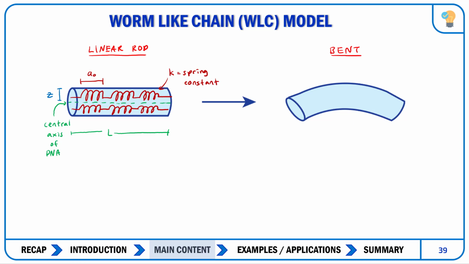So now I have this, and the key thing here, it's no longer L. Well, I mean, sorry, it is L. The L is going to change for the top and the bottom springs though.